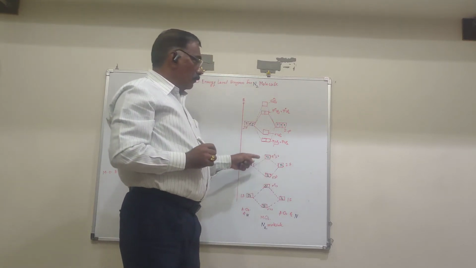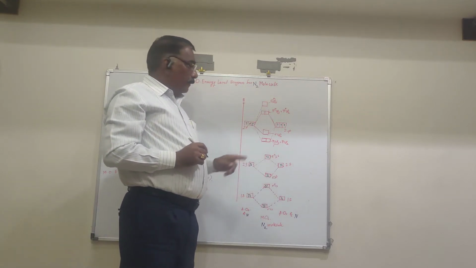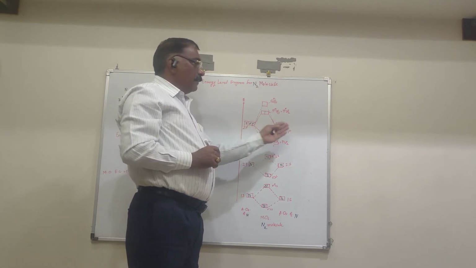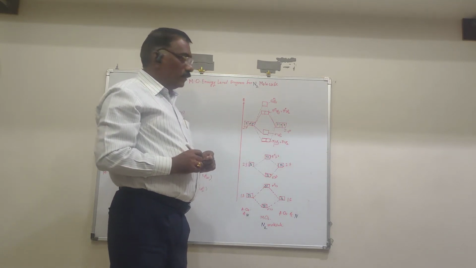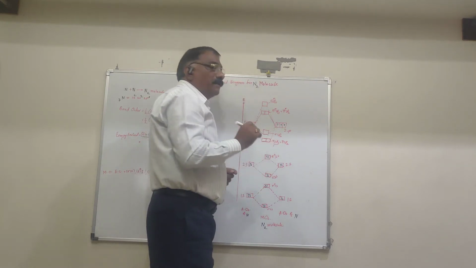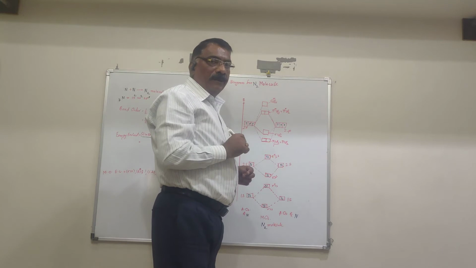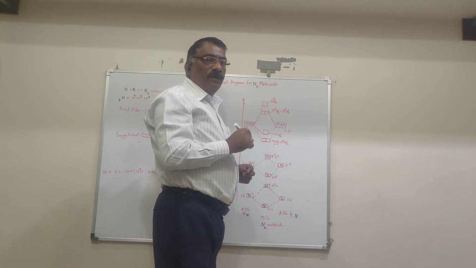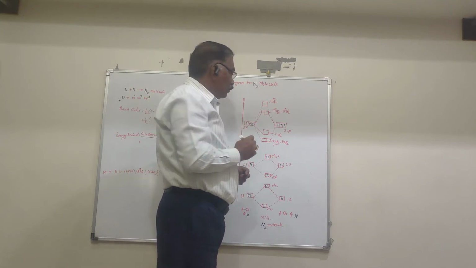In the p orbitals, there are 3 electrons from the first and 3 electrons from the second nitrogen, a total of 6 electrons. They follow the above principles, Hund's rule of maximum multiplicity and Pauli's exclusion principle.